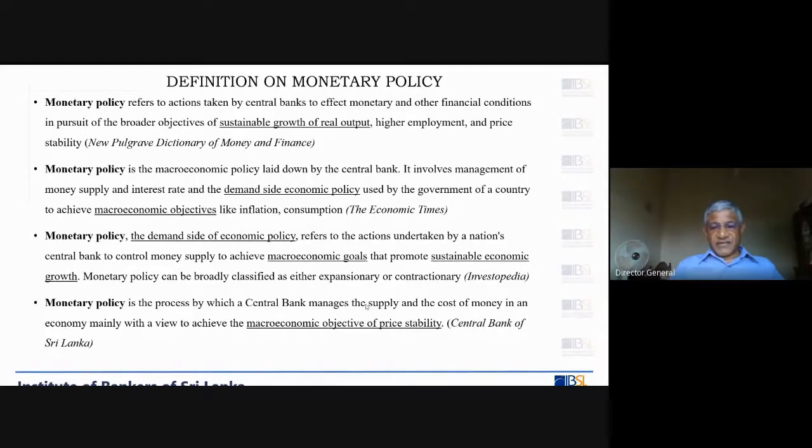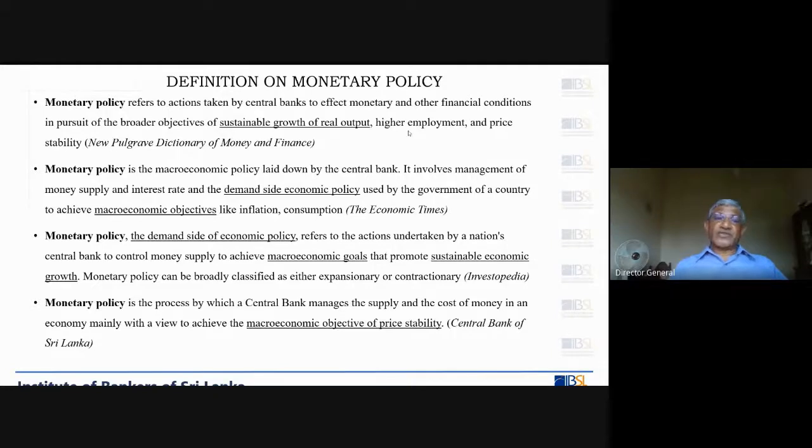When you say manages, you increase it, you reduce it, you maintain at the same level. It is a kind of management. Not only the supply, which is a quantity, but also the cost of money, that is interest rate. So the central bank can influence both. Later on, we will discuss how they do it.